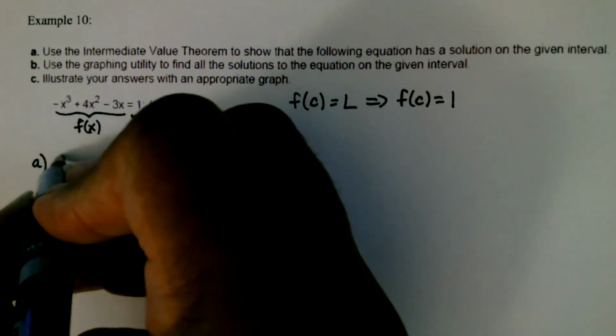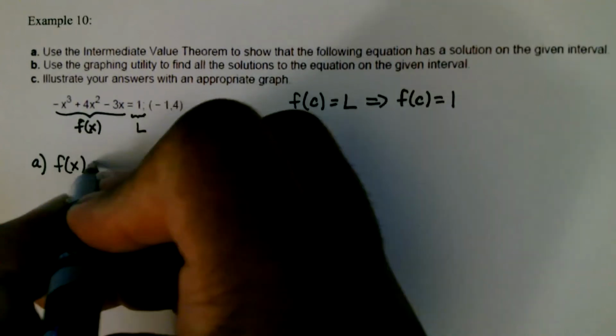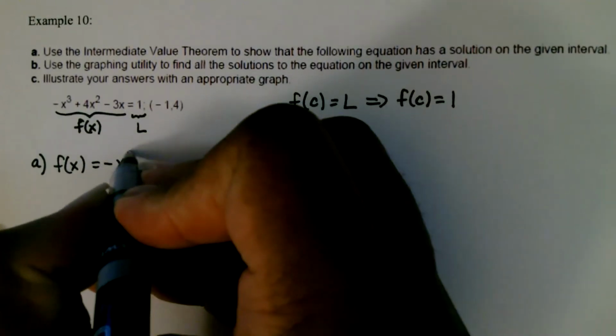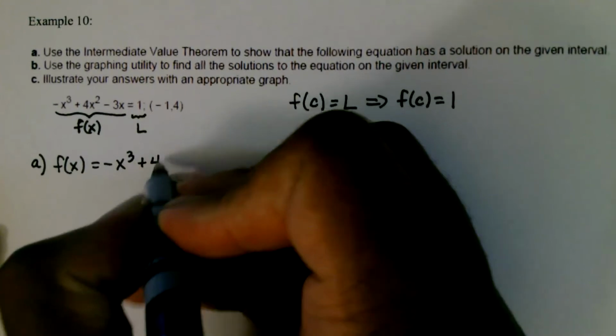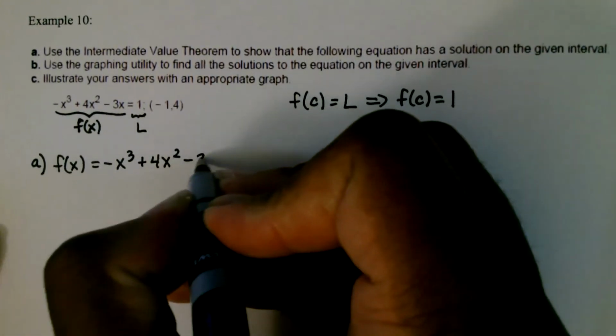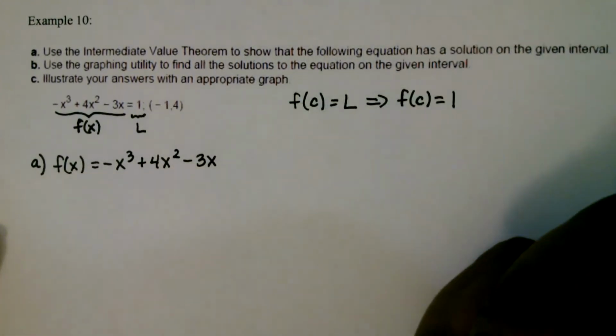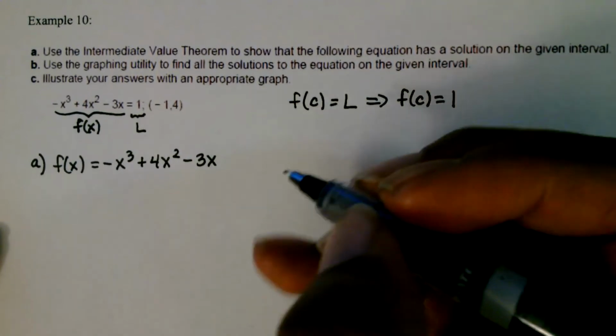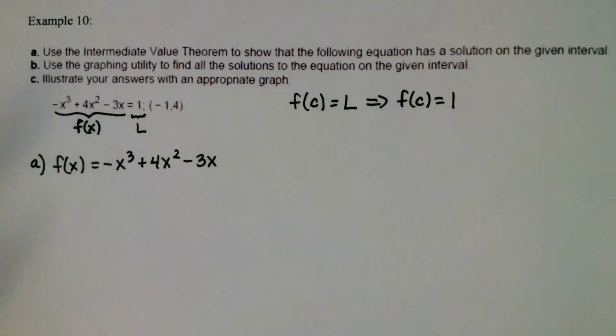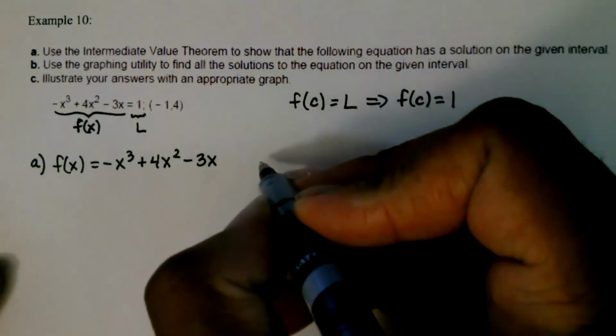So in part A, if we look at the function f of x, that's equal to negative x cubed plus 4x squared minus 3x. In this case, it's a polynomial function. Any x value that you assign to it, you're always going to get an f of x value for it.